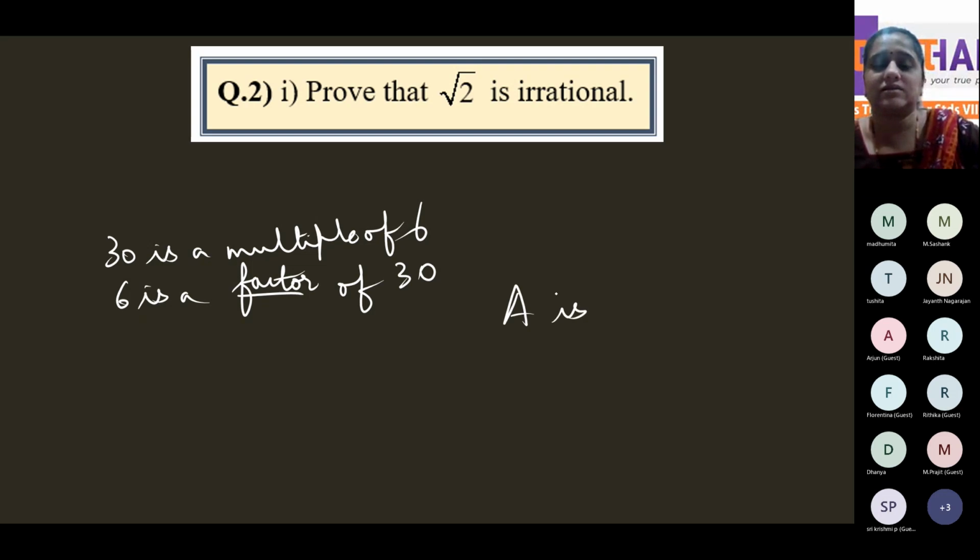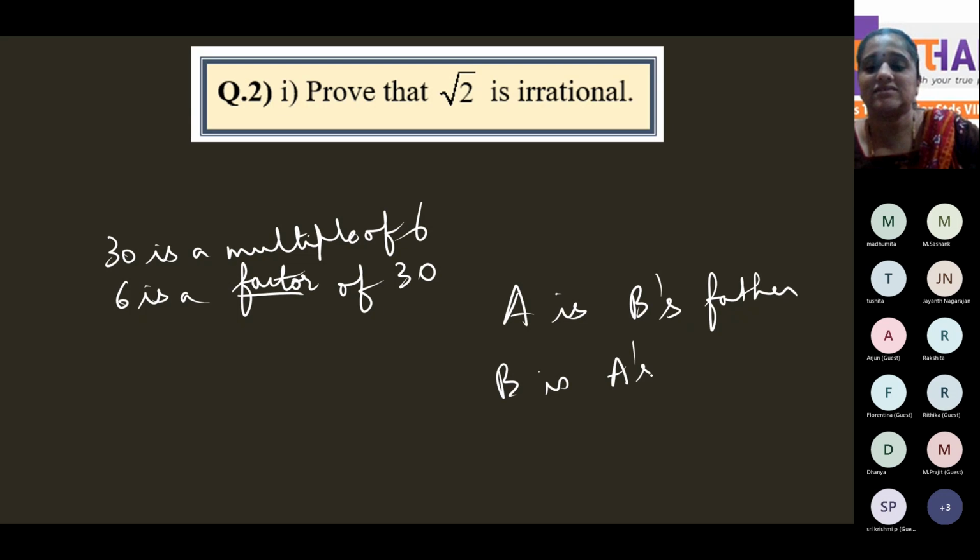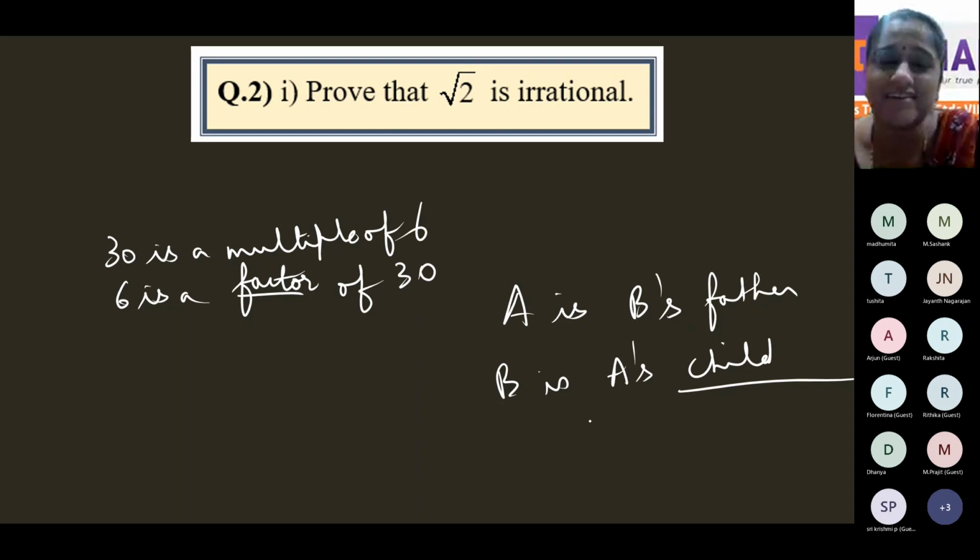If a is b's father, then b is a's child, can be son or daughter. Okay. So 30 is a multiple of 6. 6 is a factor of 30.